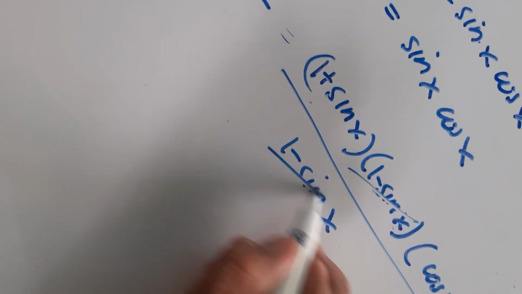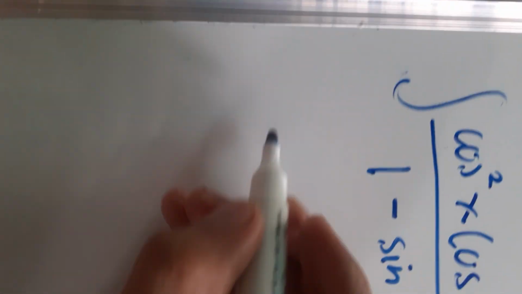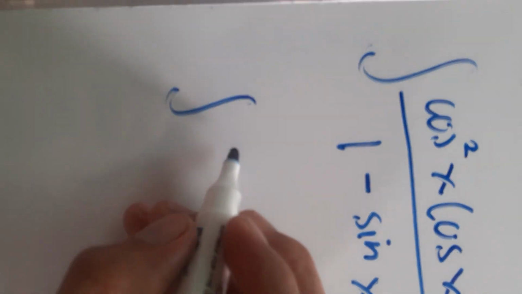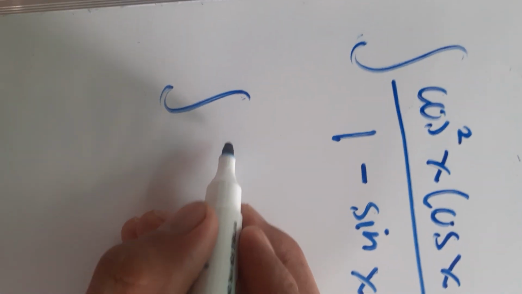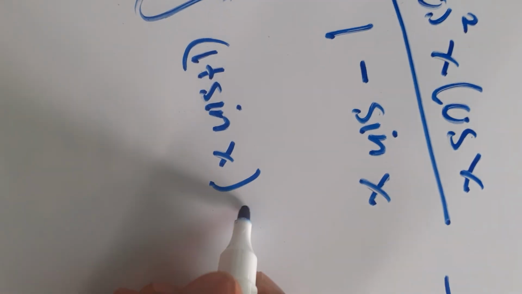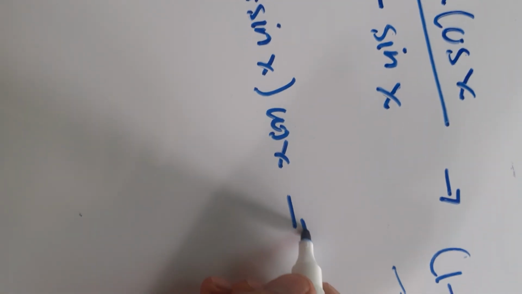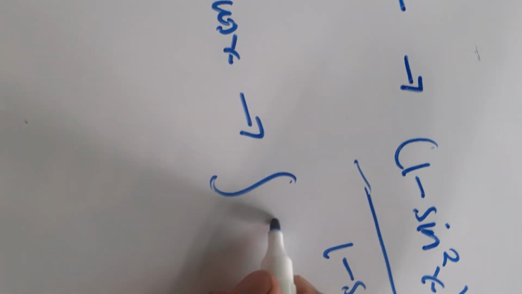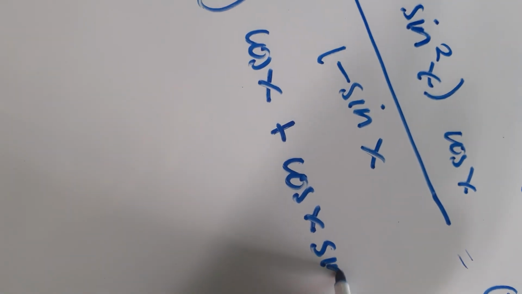So we can cancel out this term, giving us 1 plus sine x times cos x. So we now have the final integral of 1 plus sine x times cos x. By simply using the distribution method, we arrive at the integral of cos x plus cos x sine x dx.